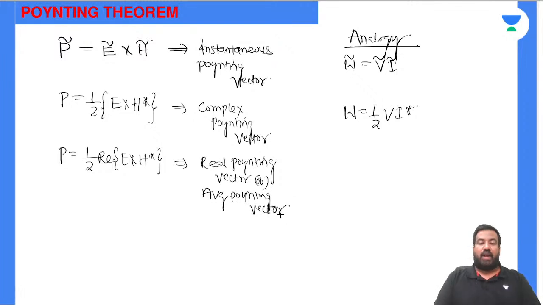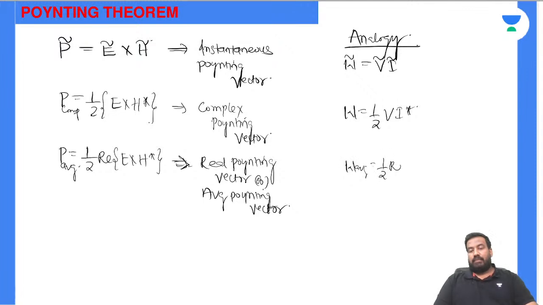Clear? It's given by P average. This is P complex. Here W average is 1 by 2 real part of V into I conjugate.